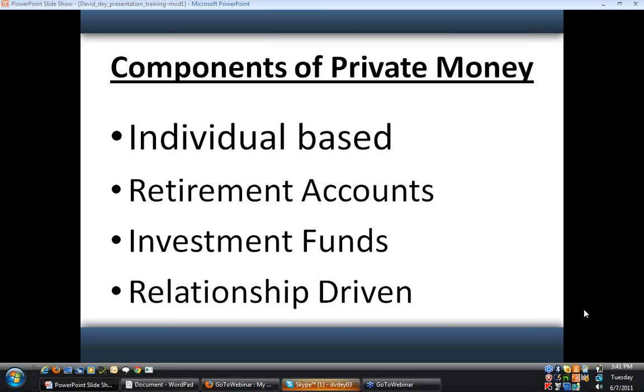Our team has done everything from single family to multifamily to commercial. We just did a mobile home park in the last couple of months that we funded over $1 million. We've done a deal as large as $9.7 million. We've done a separate deal for $7 million.